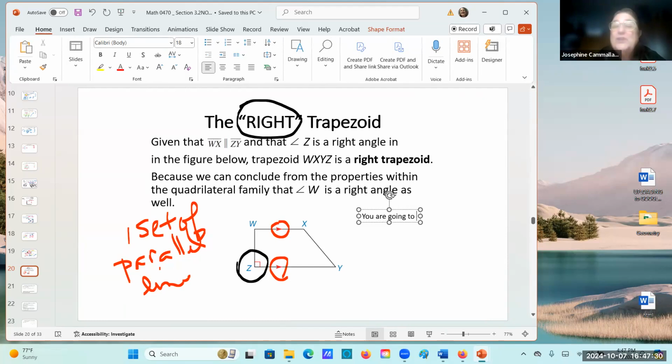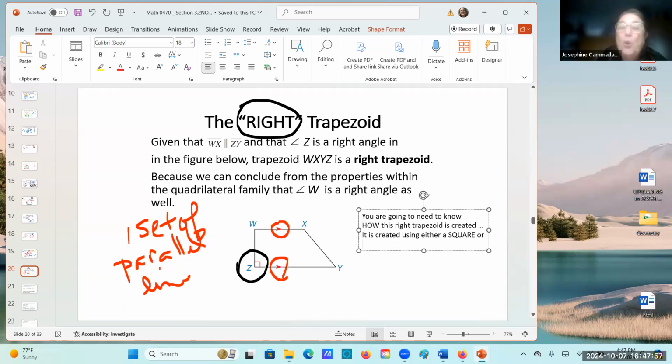You are going to need to know how this right trapezoid is created. It is created using either a square or a rectangle with one right triangle attached to it.